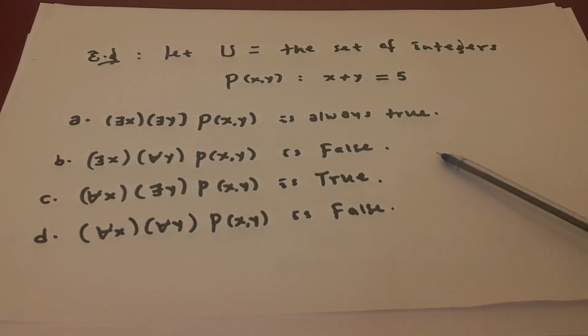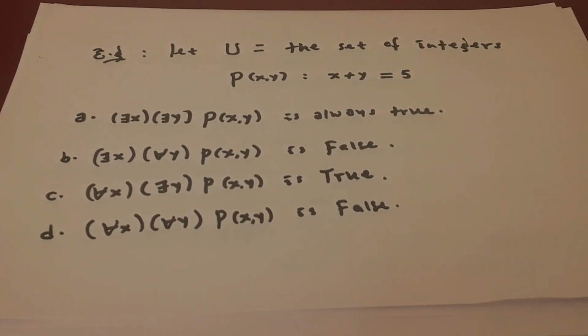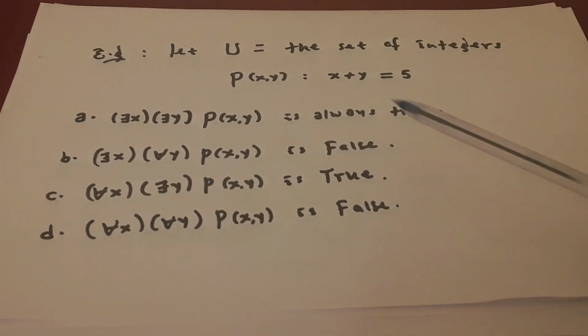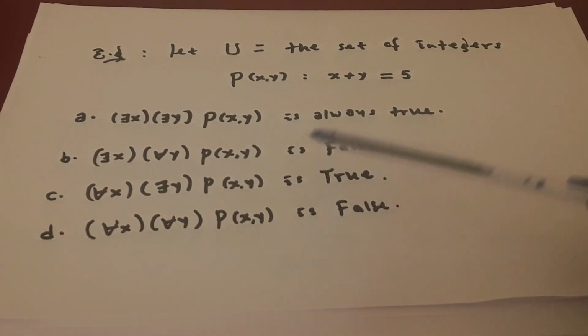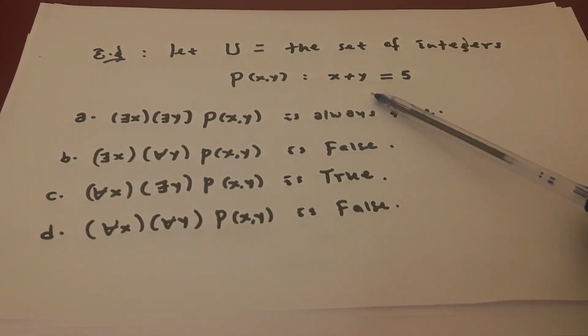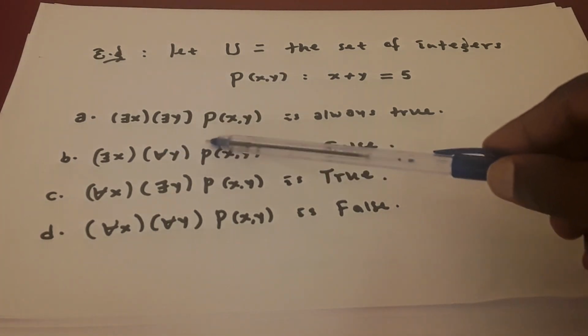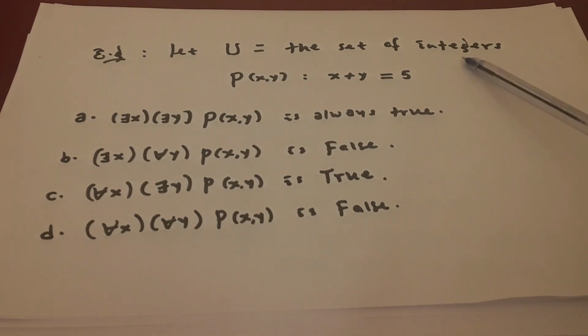This means there is an integer x and there is an integer y such that x plus y equals 5. This statement is true when x equals 4 and y equals 1, since 4 plus 1 is 5. Therefore, the statement there is an x and there is a y holds true for this universe.